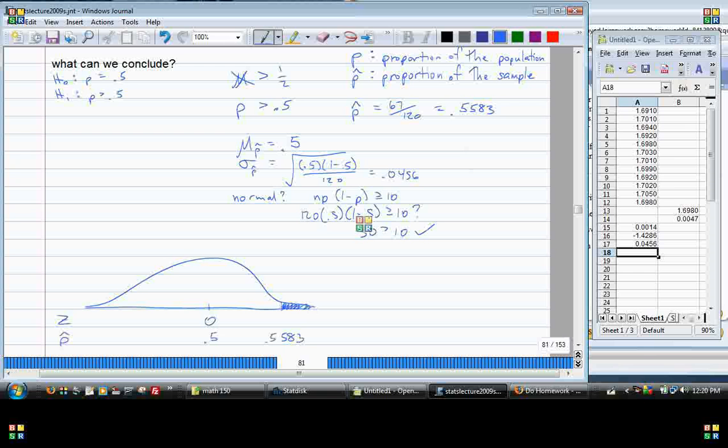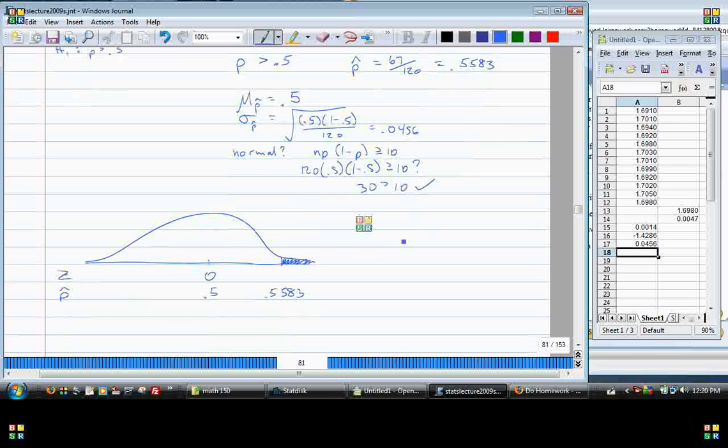Now what do we do? Find the z-score. So we've got z equals what? Divided by what? Right. Divided by the standard deviation, which we just found.